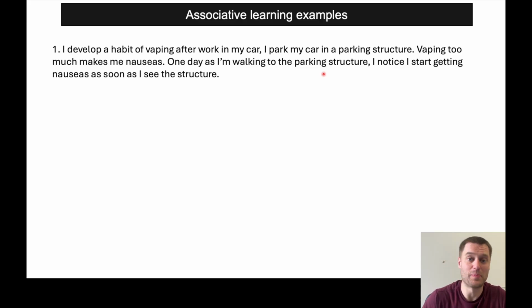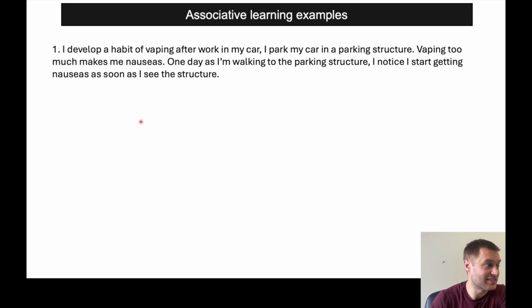That way they don't become nauseated in close proximity to the food that they eat when they get home, because nausea is a super strong learning stimulus. This is why in this particular instance, I literally had to quit vaping, because I would get so nauseous just by looking at the parking structure.